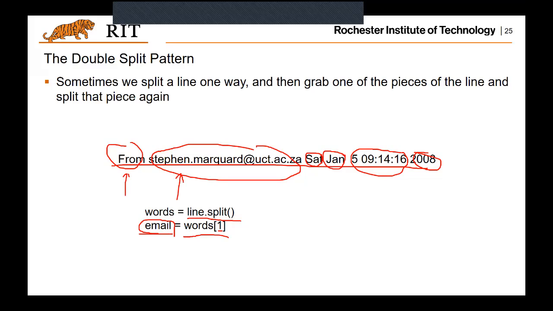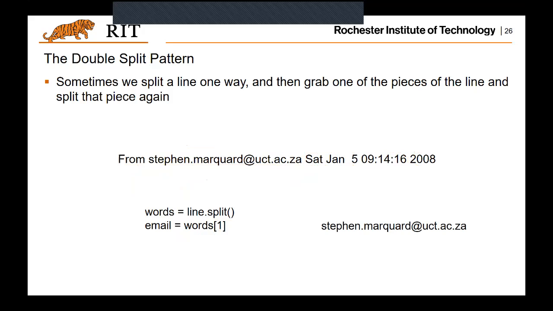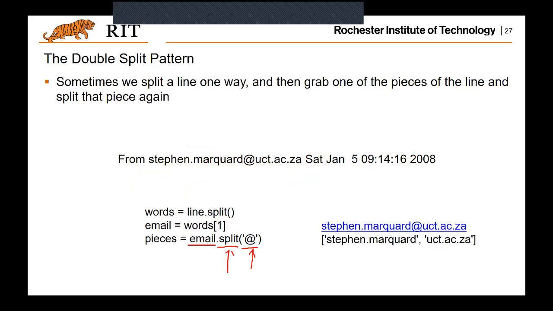But what you want is maybe the domain name, that is the part after the @. So you do a further split by using another split function with the new delimiter @. You split this email address by the @, and you will have another list, separated by the @ character. That gives you this part and this part.